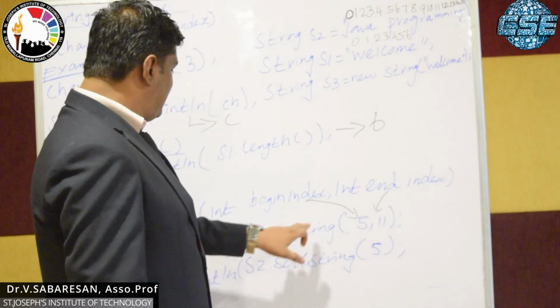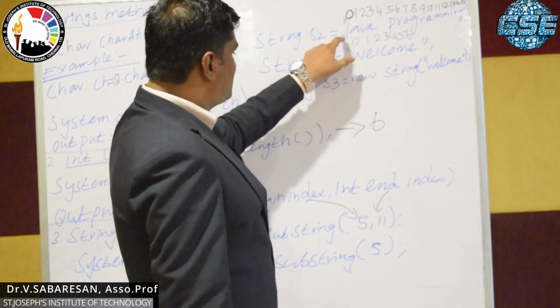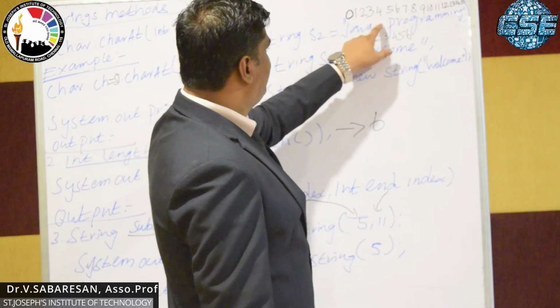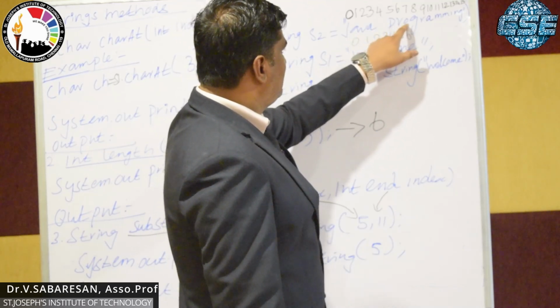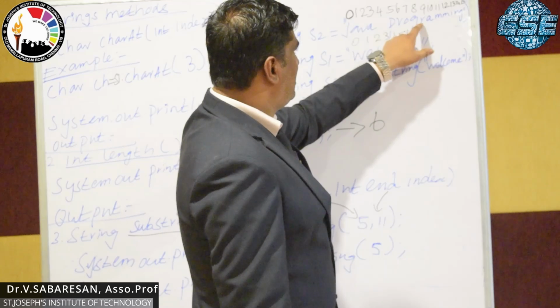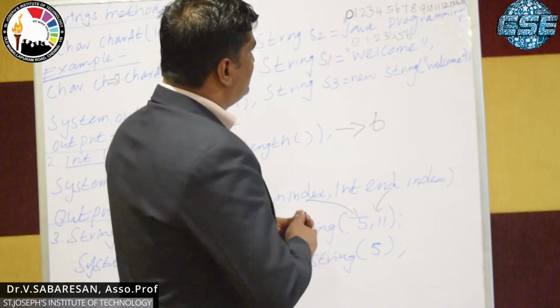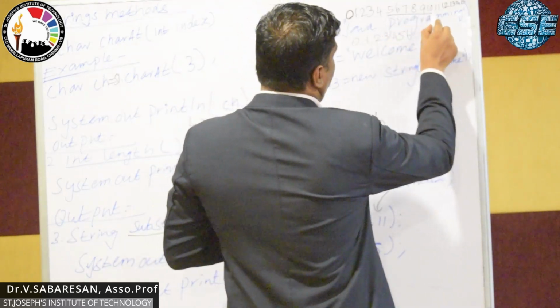Take the example of the s2 string for this method. Here the start is 5. So 0, 1, 2, 3, the fourth one is empty, then the 5. So p r o g r a m. These strings are returned here as the values from 5 to 11.